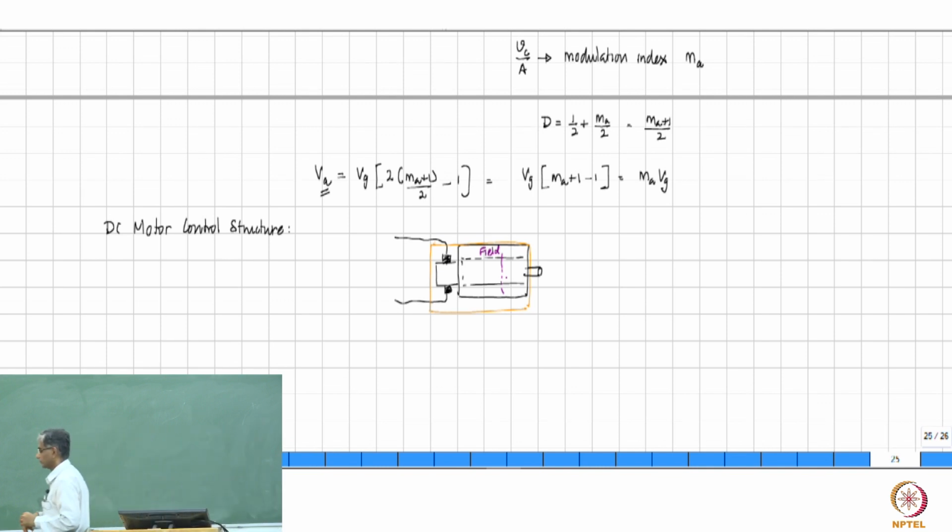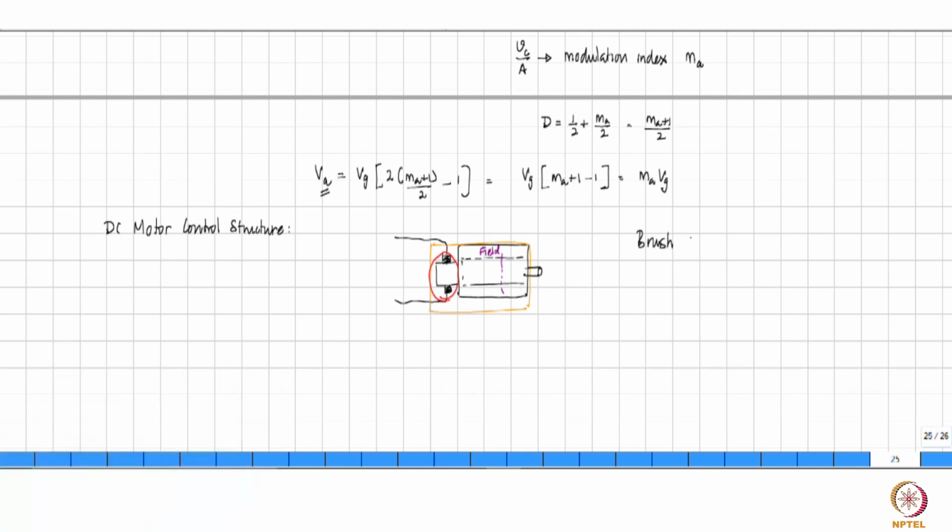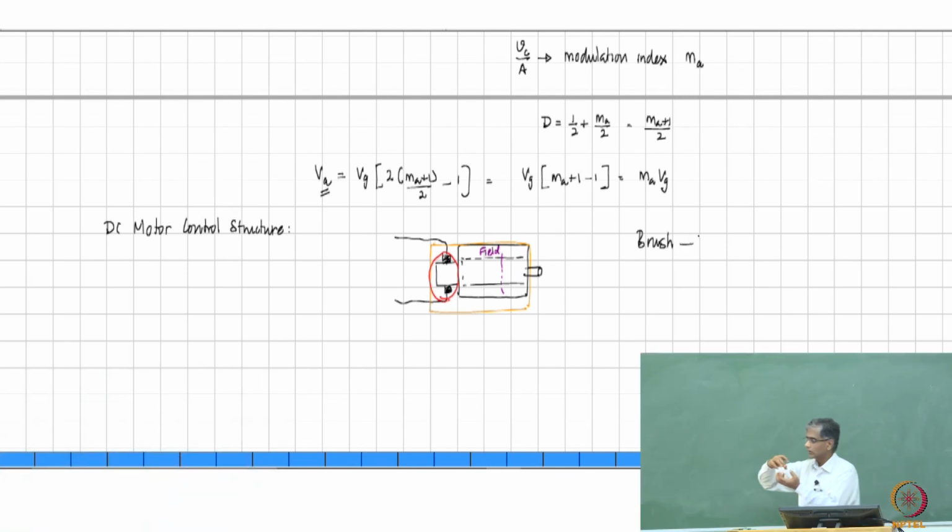But the difficulty with the DC machine is that it has a system here which is the brush and commutator. Now this brush is something that has to slide on top of the cylinder, which is going to be rotating always, right?